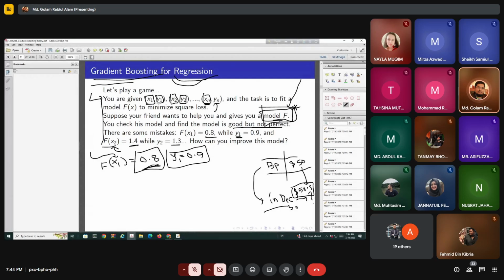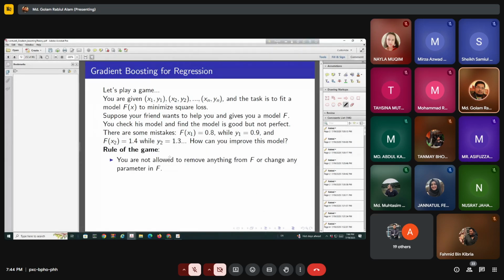But this time we have a constraint. You are not allowed to remove anything from F. Whatever you build in F, you cannot remove anything, or even change any parameter of F. You cannot do any parameter tuning in F. Then how can we improve the result?